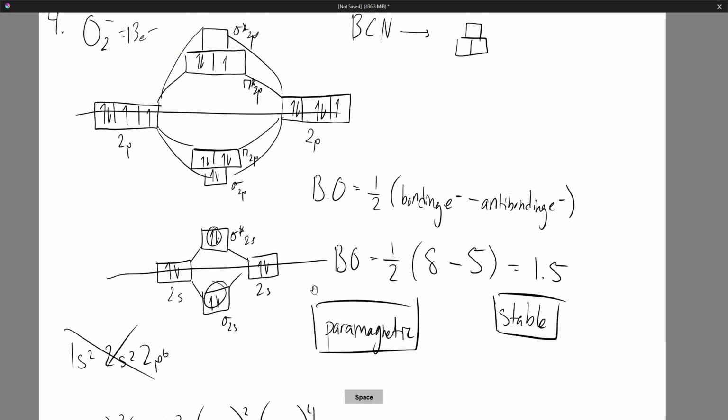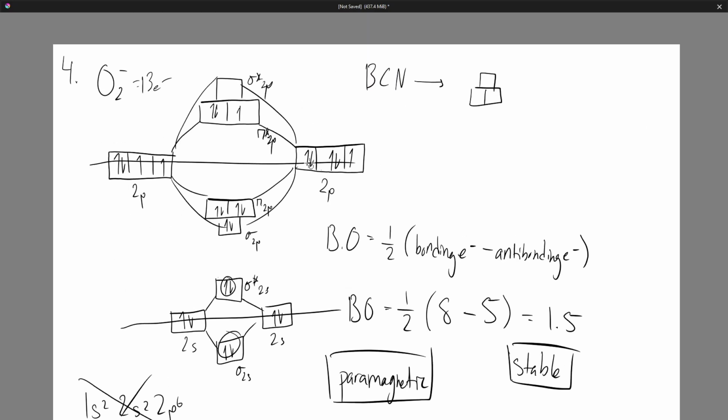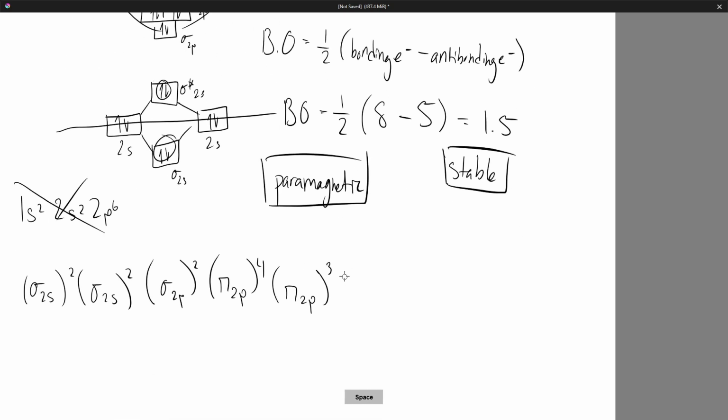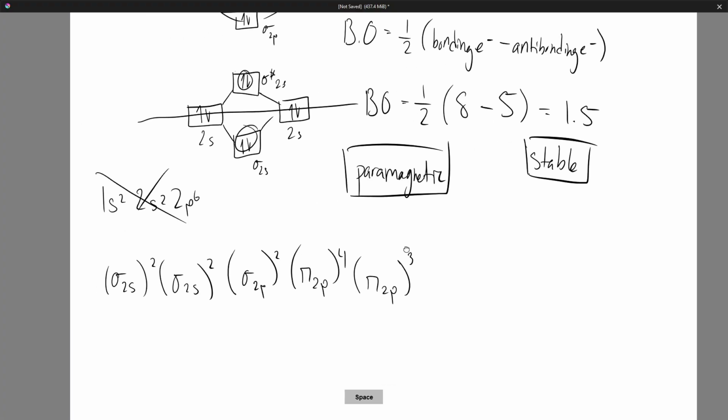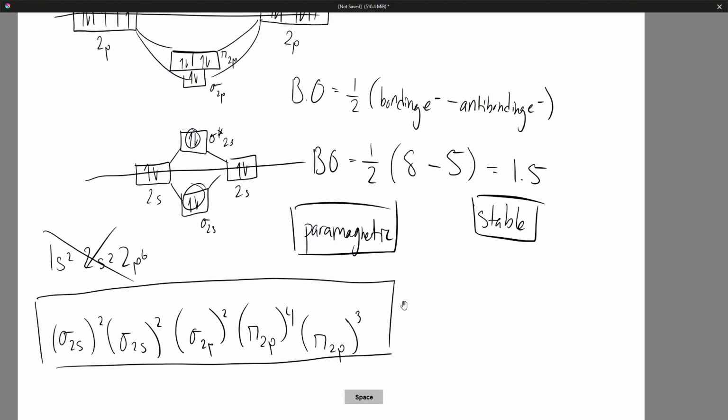For the pi star 2p orbital, there's 3, so we do it like this. And since there's no electrons in the sigma star 2p, we don't include it. So this should be the correct answer.